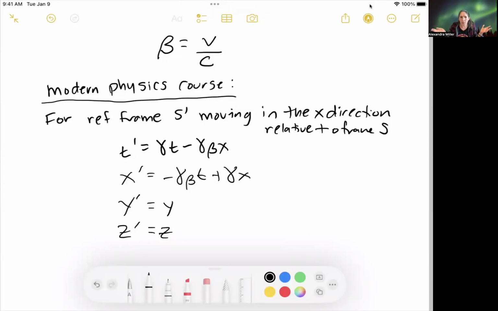You could write a similar equation for them moving in the y or the z direction, and it would just look like this. You just trade out your variables. So often we just focus on that x direction.